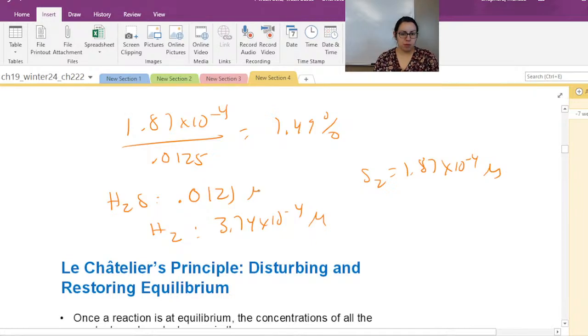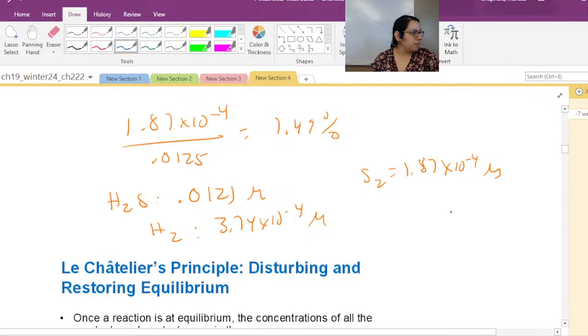So pretty small. And that makes sense. You can always think about that as a quick sanity check: that was a pretty small equilibrium constant, so it moved a pretty small amount to the right. And then, of course, we could also double check ourselves if we wanted to re-plug back into Kc.